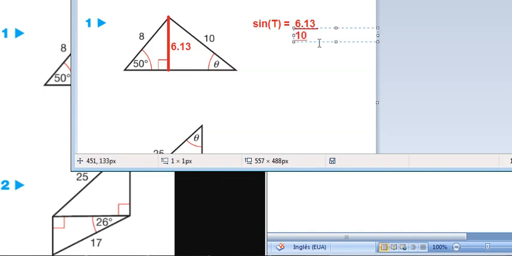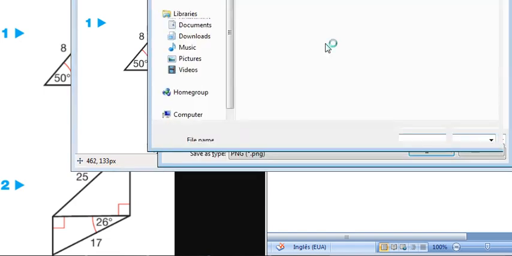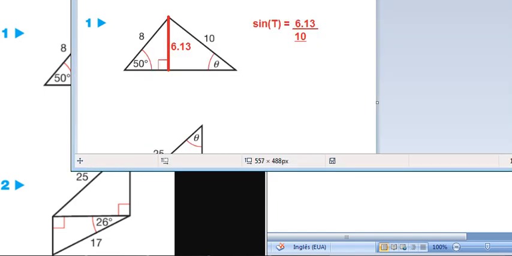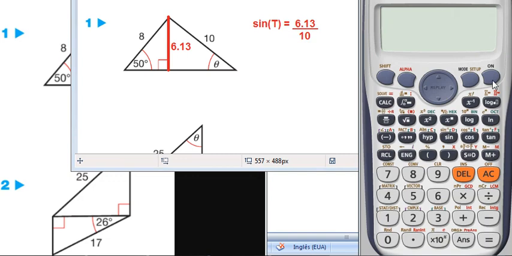Well, we are trying to figure out one angle, as always. Since we are trying to figure out one angle, we have to use the inverse function on our calculators, and that's what we're going to do.